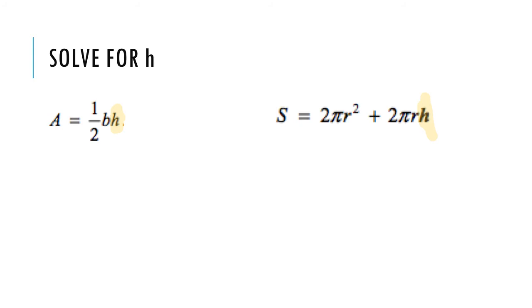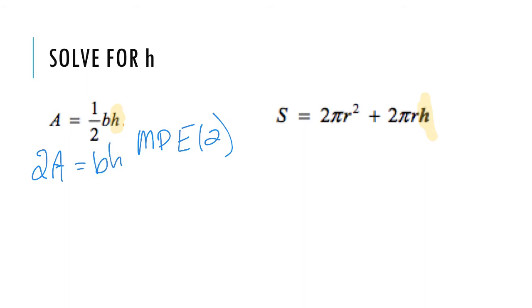I'm going to MPE, multiply by 2. So when I multiply by 2, I get 2a equals 1/2 times 2 just becomes 1, so I'm left with b and h over here. The next thing I'm going to do, I still need to get h by itself, is divide by b.